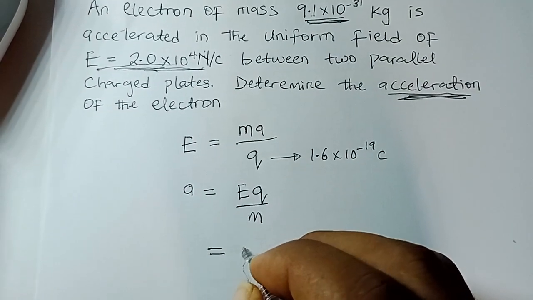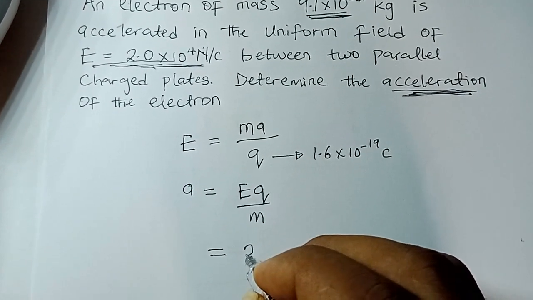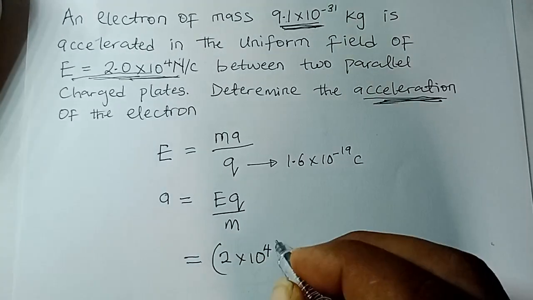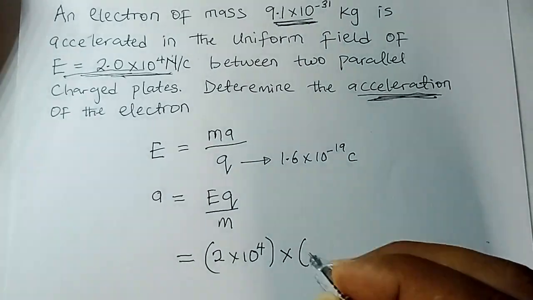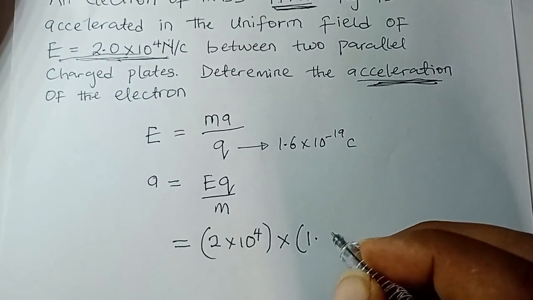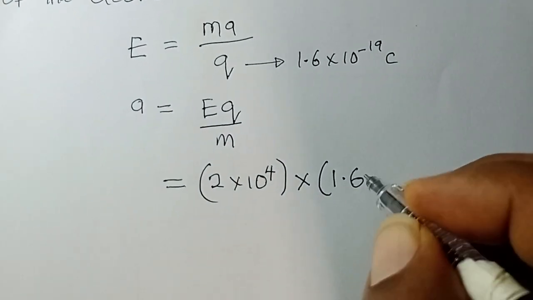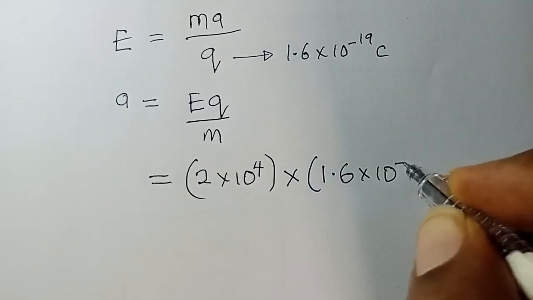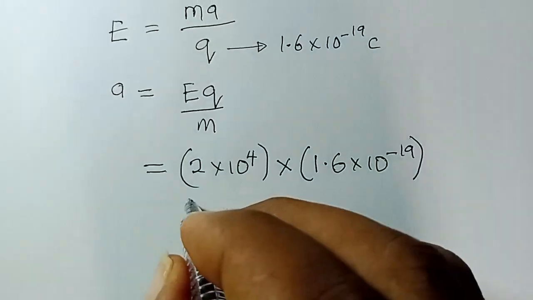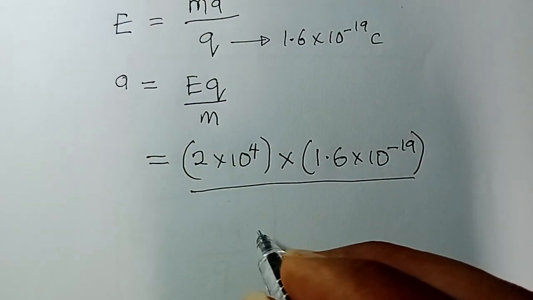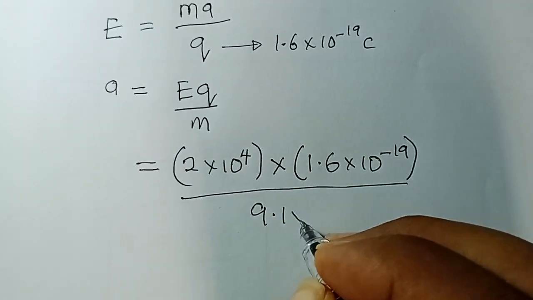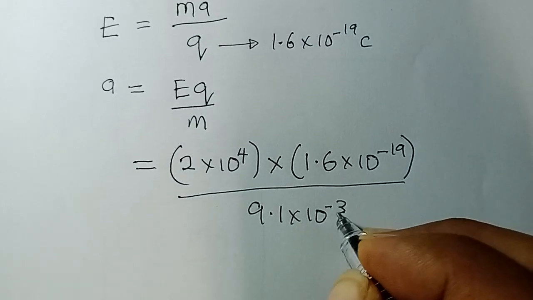The electric field is 2 times 10 raised to the power of 4 newton per coulomb, multiplied by the charge of an electron, 1.6 times 10 raised to the power of minus 19, divided by the mass of an electron, 9.1 times 10 raised to the power of minus 31.